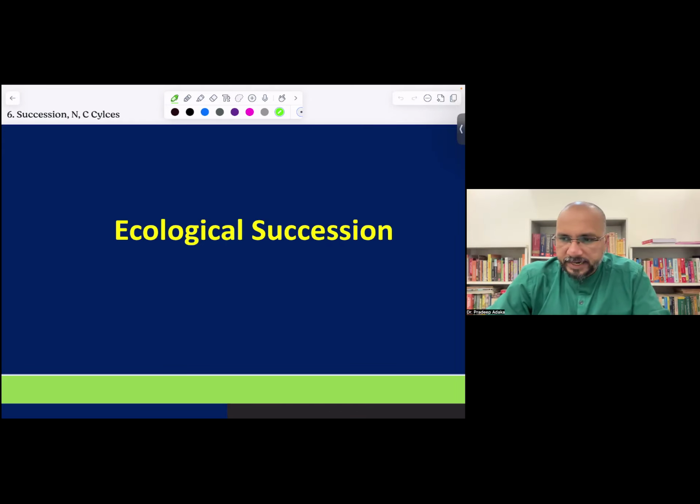Ecological succession in simple terms is the rebuilding of an ecosystem that has been damaged, or the building of an ecosystem from the beginning. It is the process of building an ecosystem or rebuilding an ecosystem after some natural calamity or disaster.